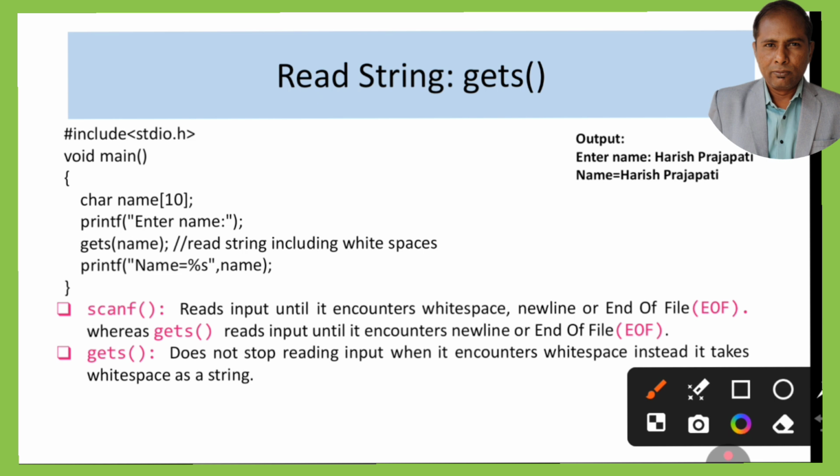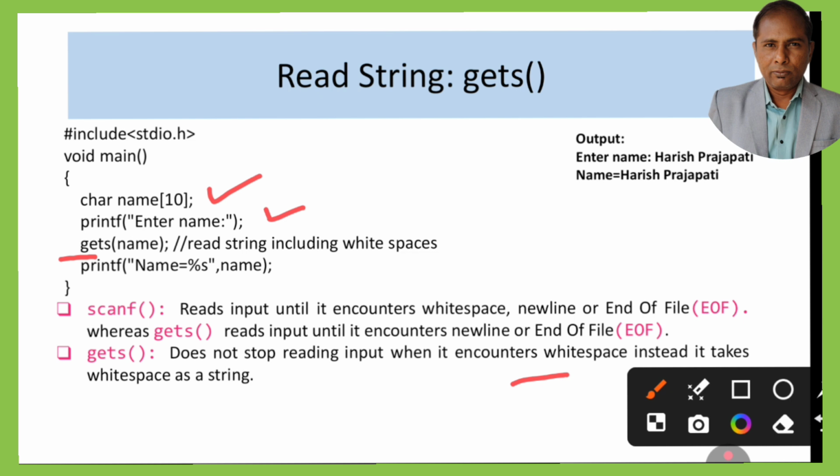Here in the program, we declare the string name, ask the user to enter the name, and instead of scanf we use gets. If we use gets, it does not stop reading input at white space, which means it will read both name and surname and display both.